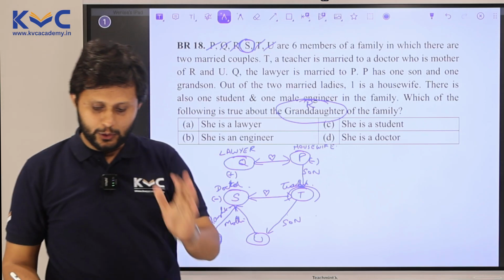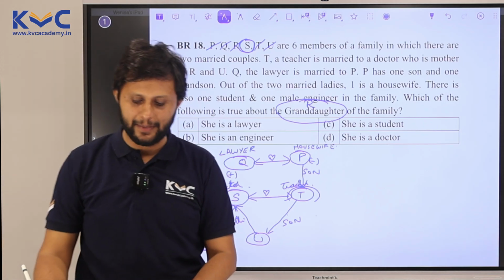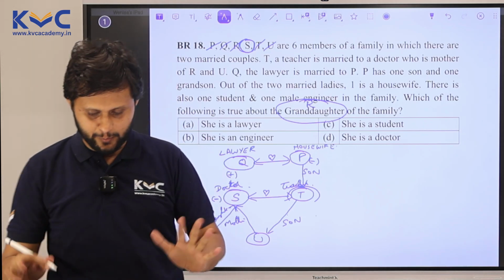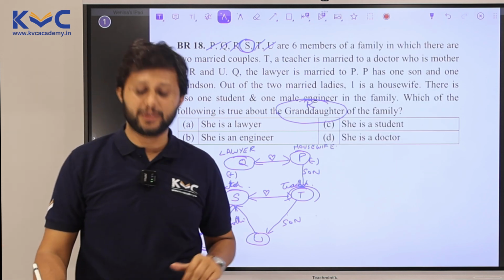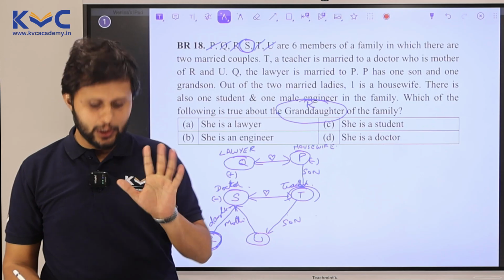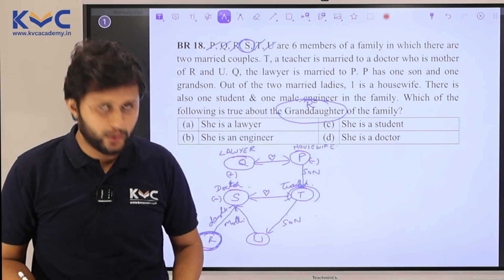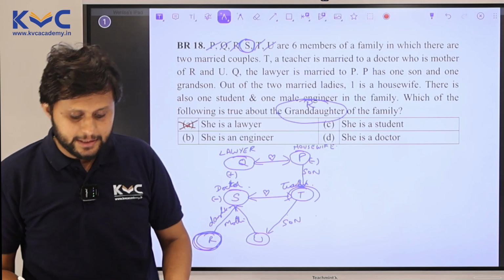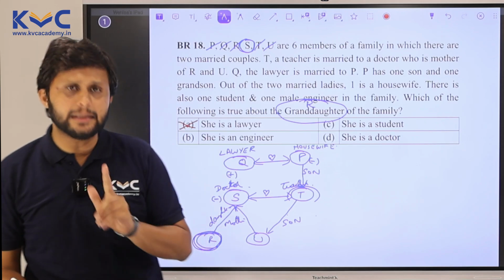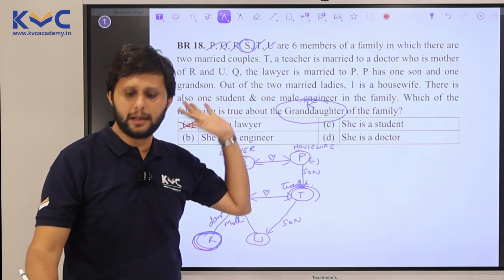What is true about granddaughter of the family? Okay, too much of blue on the screen. We'll switch to red and see which of the options is right. She is a lawyer. Who is a lawyer? Lawyer is Q. No. So this option is wrong. She is an engineer. They clearly said engineer is male.